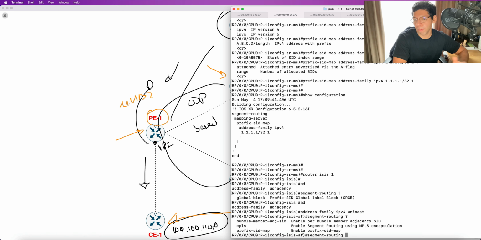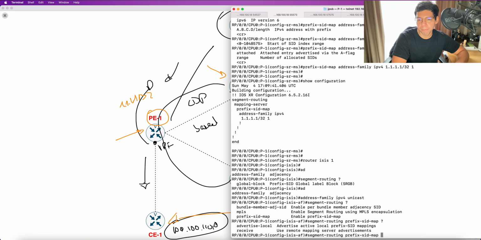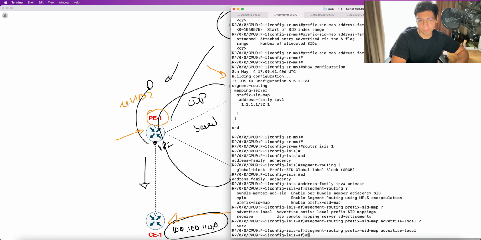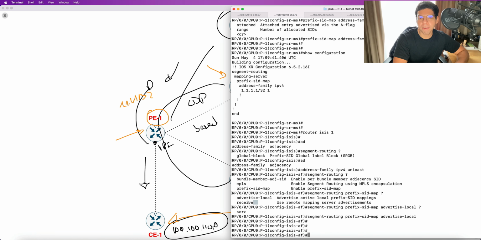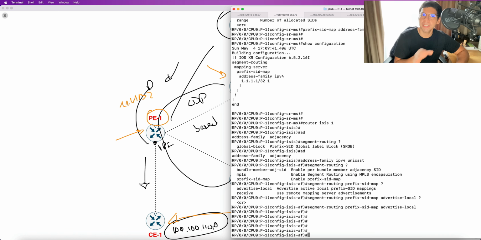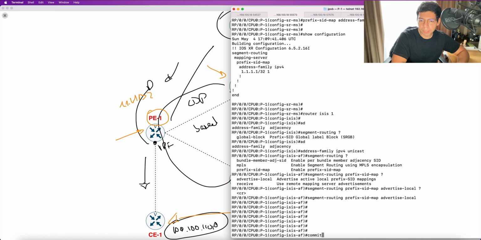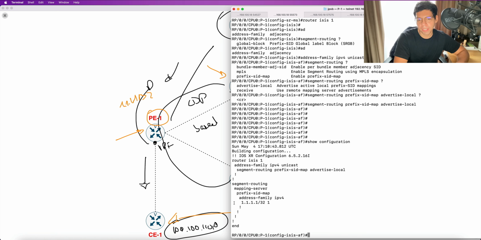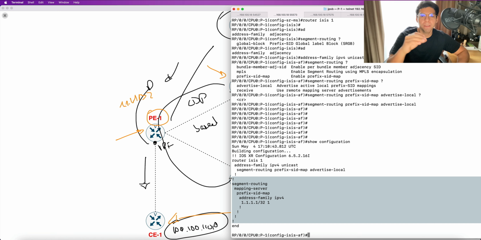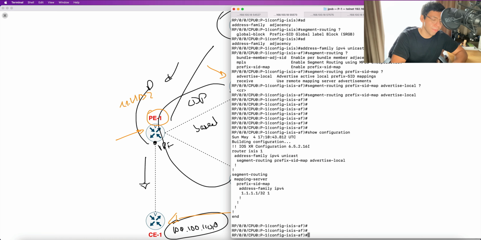But we need to tell it to propagate the prefix SID mapping in the mapping server to all the networks. So the command is segment routing prefix SID map advertise local. The receive is already configured by default in all the segment routing domains, so we don't need to configure it. We just need to advertise from the mapping server over the ISIS domain. So these are the two tasks that we defined: configure the mapping from the loopback to the prefix SID and propagate it over our ISIS domain.